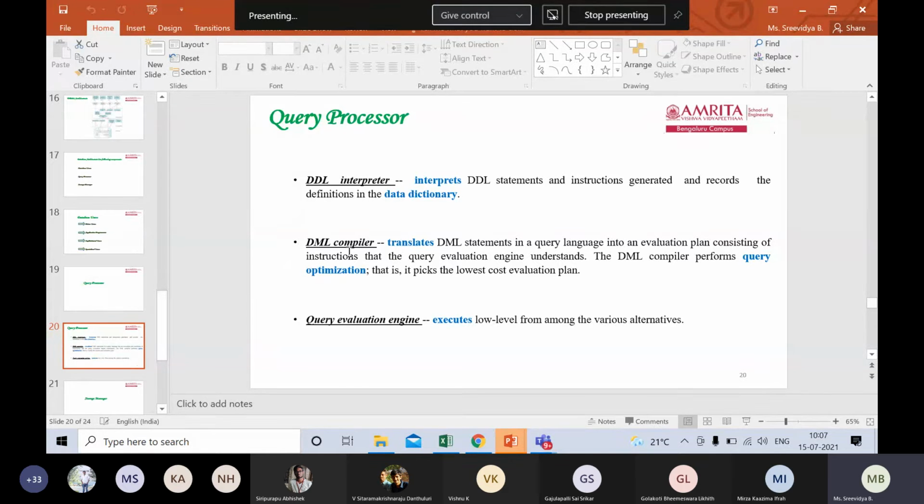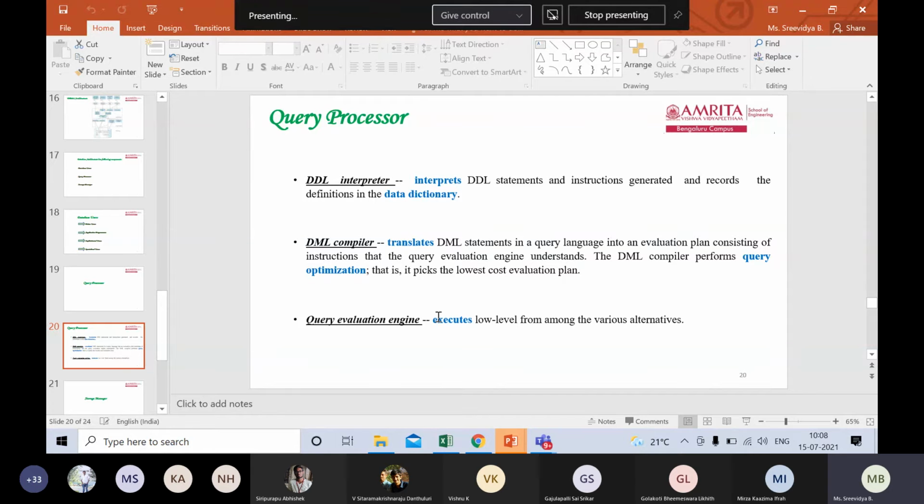Needless to say, it is for better usage of resources. For optimal usage of resources, we perform this. We, in the sense, the database architecture will perform the query optimization. Yes, query optimization is what I said. We will be having one session on this.